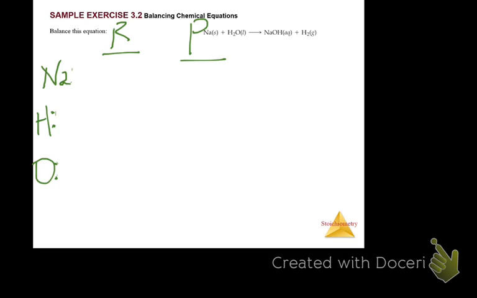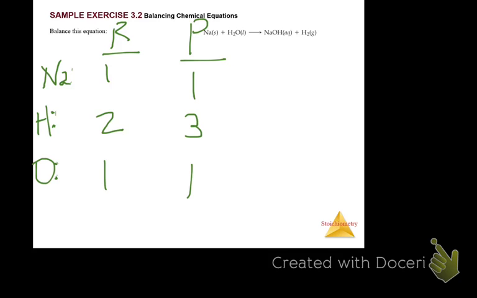All right, so right now there's 1 sodium on the reactant side, 1 on the product side. How many hydrogens right now are there on the reactant side? 2, because there's 2 in the water. How many total do we have on the product side? 3. Okay, and how many oxygens do we have on each side? 1.